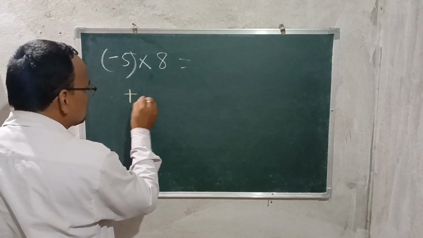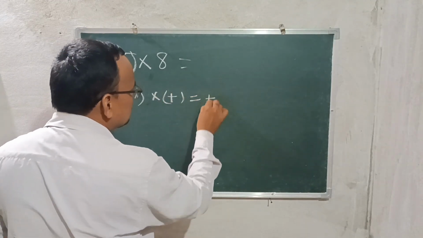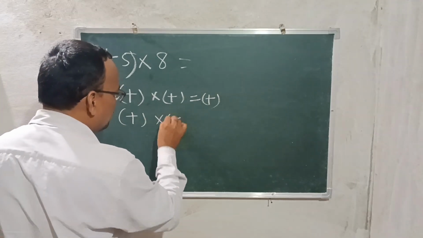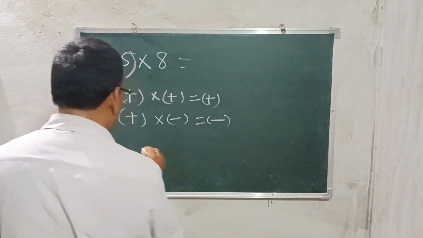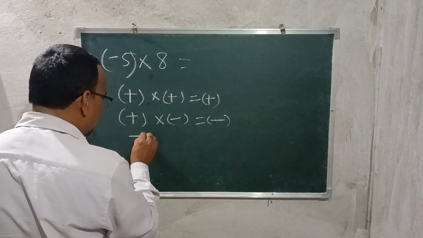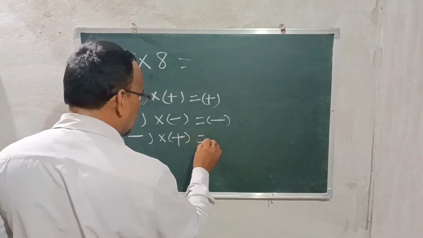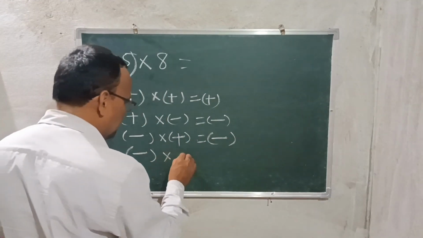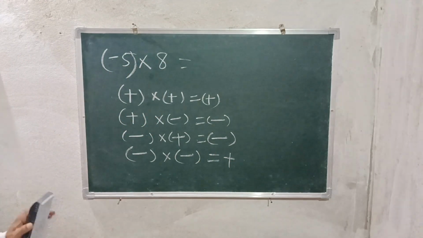Number 1: plus into plus is plus. Number 2: plus into minus is minus. Number 3: minus into plus is minus. Number 4: minus into minus is plus.